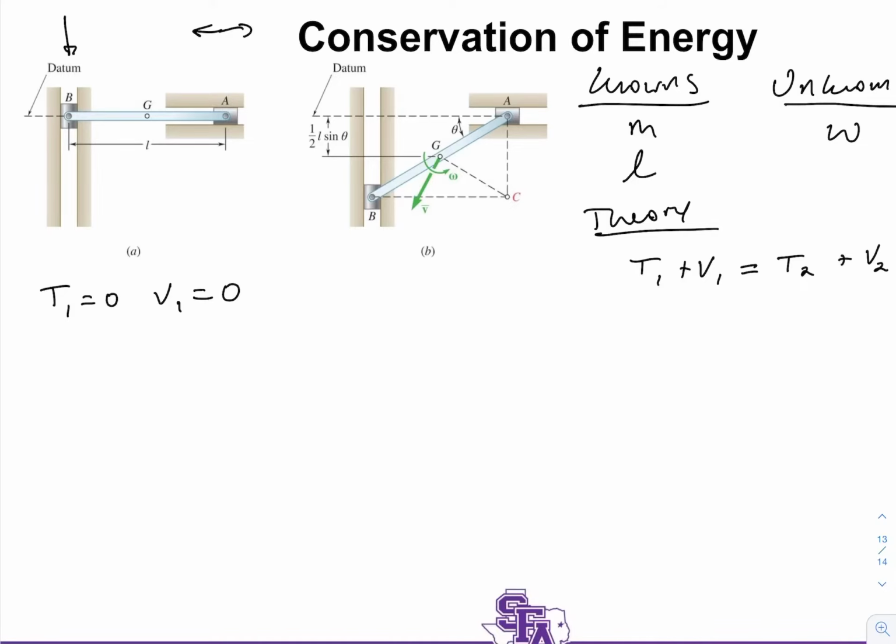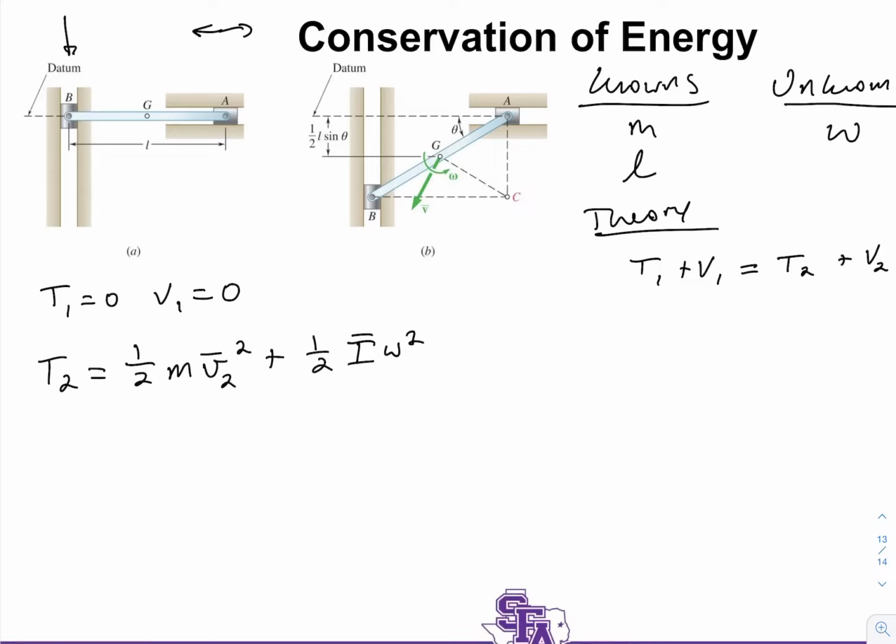At the initial position, T1 is equal to 0 and V1 is equal to 0. We set the datum so that the potential energy at the beginning is 0. The body is going to fall, with forces pulling the slender rod down, so there's going to be some change in the potential energy.